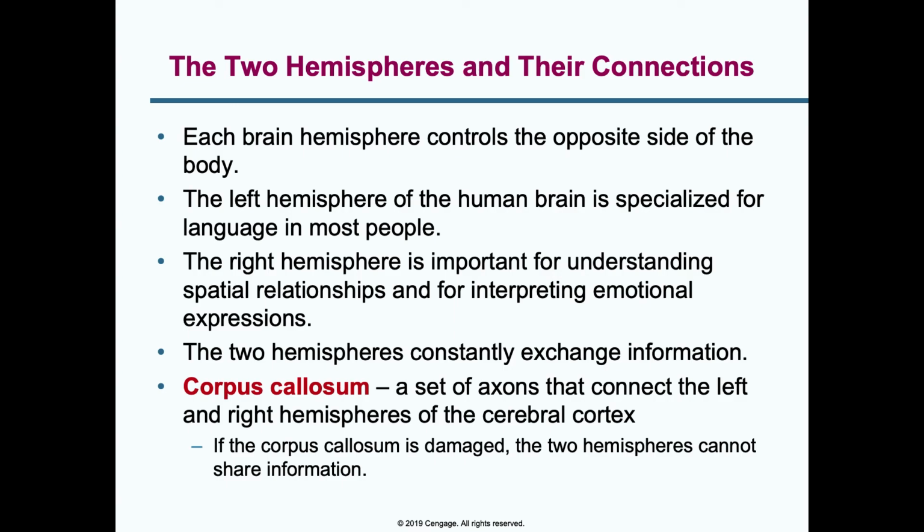Okay, so what I want you to think about here as an analogy is you have a wire that's connecting your laptop to the plug to give it power. And so if the wire is cut, right, electrical current cannot flow and your laptop cannot get charged, let's say. That is the same idea here. If we damage the corpus callosum, then the two sides cannot communicate. Okay, just like if a wire is cut, you can no longer have power from one to the other.